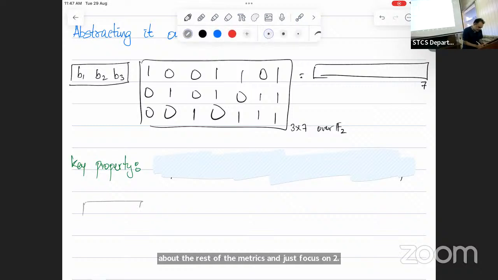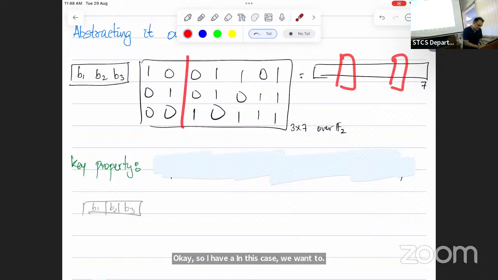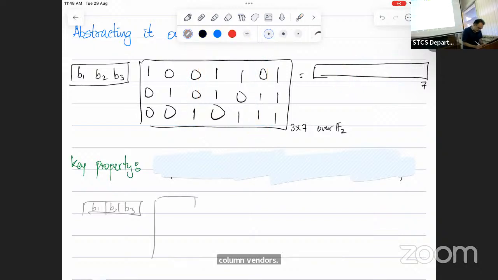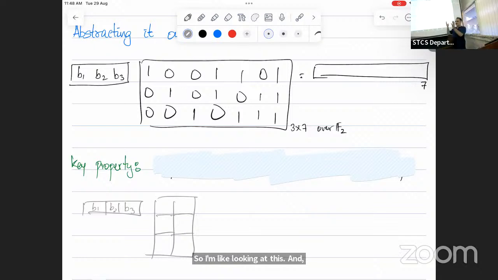I have B1, B2, and B3, so maybe I'm just focusing on this coordinate and this coordinate. That corresponds to looking at just these 2 column vectors. So I'm multiplying this matrix with those relevant column vectors, and at this point, I'm going to end up with 2 coordinates.